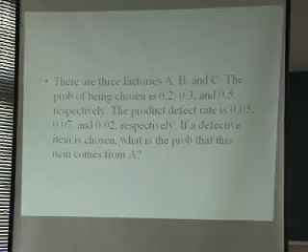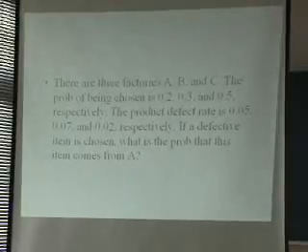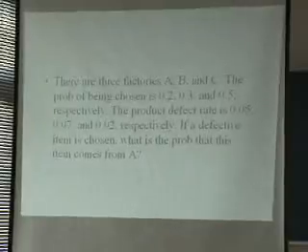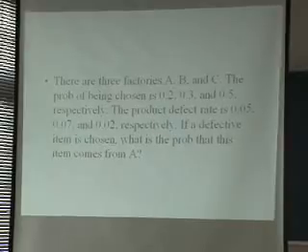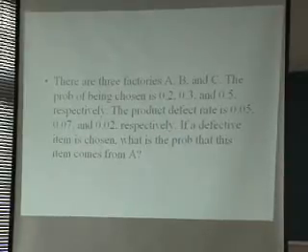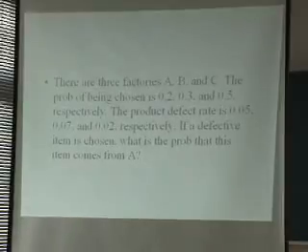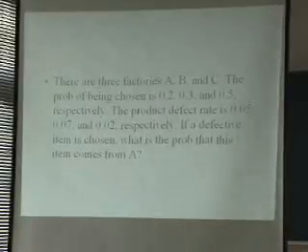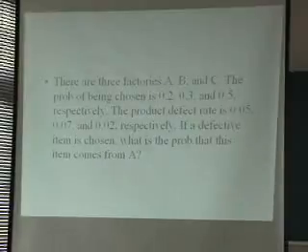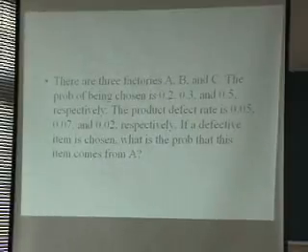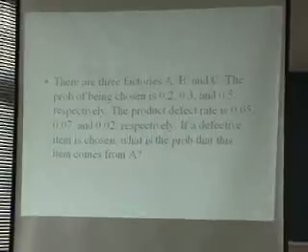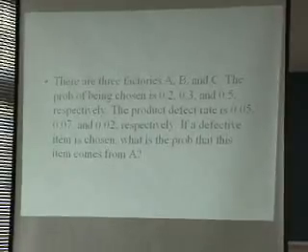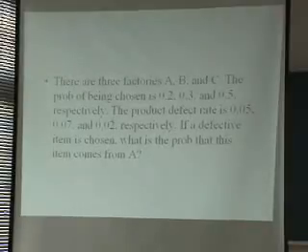The first thing: this is Bayes' theorem, okay? First, you need to know the probability it will be bad. It will be 0.2 times 0.05, because if you choose from A, 0.05 is going to be bad. And if you choose from B, 0.07 is going to be bad, so 0.3 times 0.07. And if you choose from C, 0.5 times the probability of being bad, 0.02.